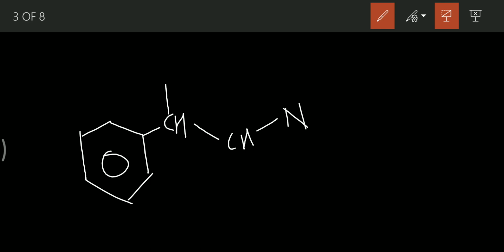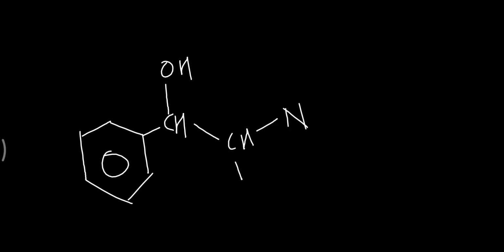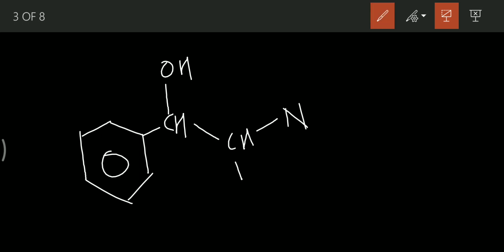And for this carbon you have to substitute OH and here you have to substitute CH3. And for the nitrogen atom, you have to substitute one group as CH3 and another one as hydrogen. So you can write this structure also. So this is about the structure of ephedrine.